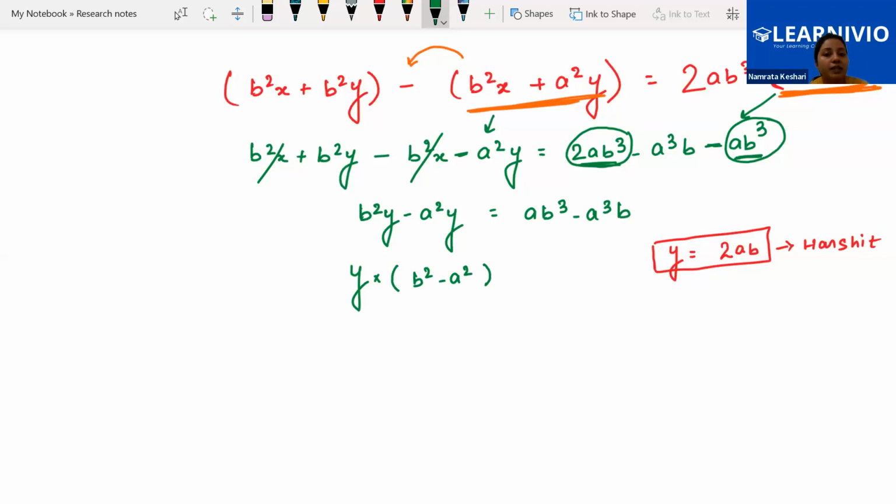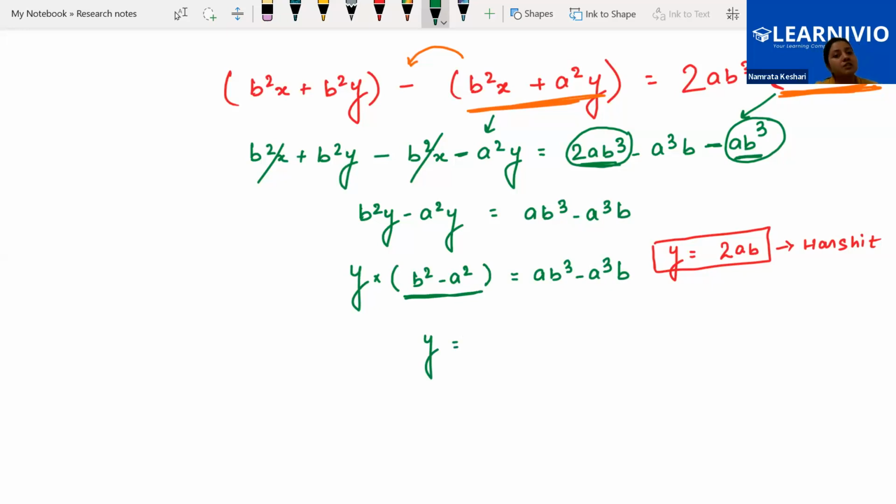This is how we'll be getting the last step in few questions where you will get stuck, that how to find y from here. In this type of scenario, always what we do, we take out y as a common, we take out x as a common, and then easily you can see that we will be able to get the value of y. Other side we are having ab cube minus a cube b. Okay, here we will be having y is equals to whatever is in multiplication with y.